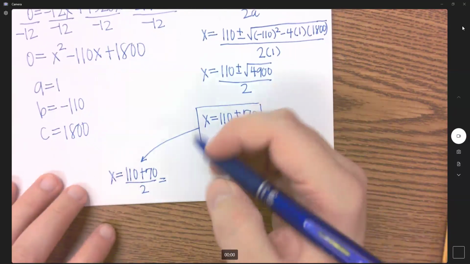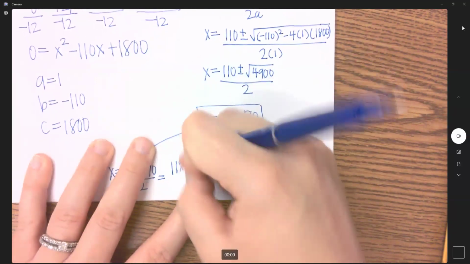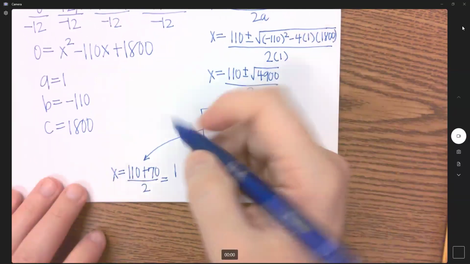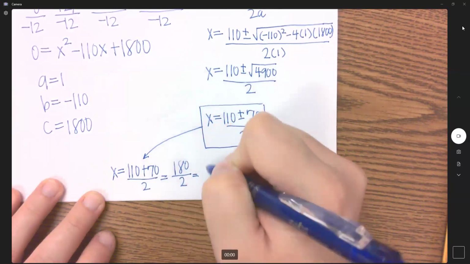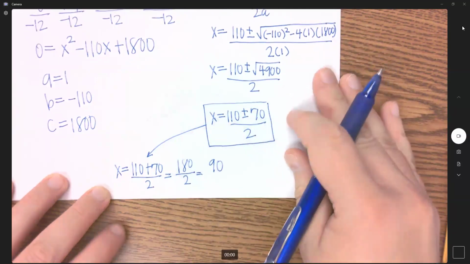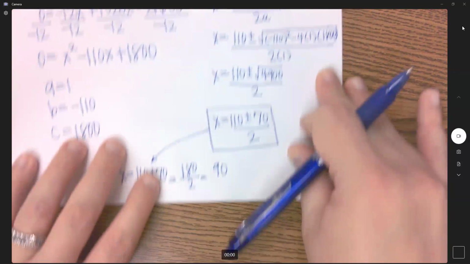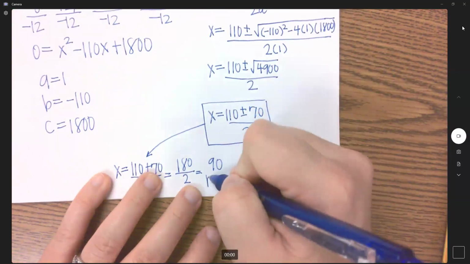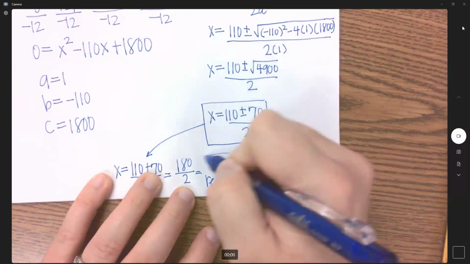So that's going to give me 180. Oops, not 118. 180 divided by 2. So this one is 90. And x equaled what? X was the number of readers produced. So word problems need word answers, or at the very least, units. 90 readers.